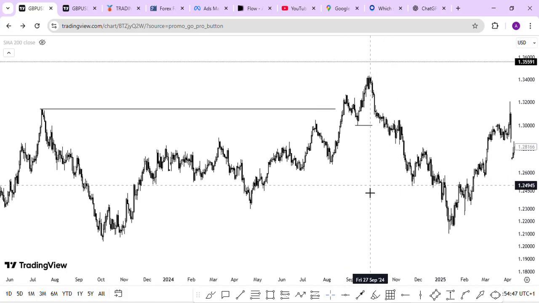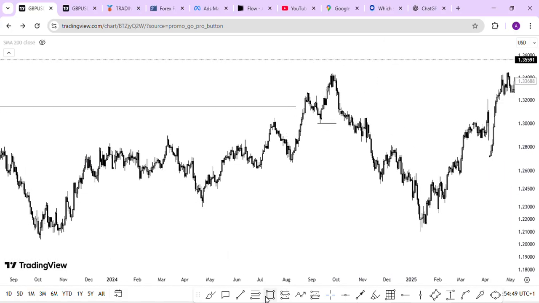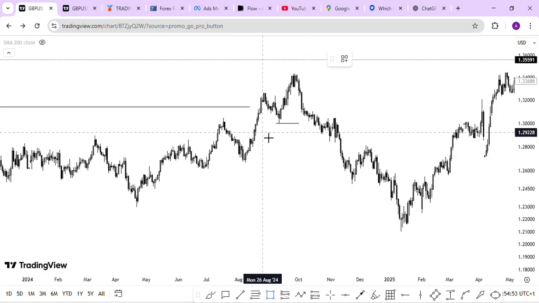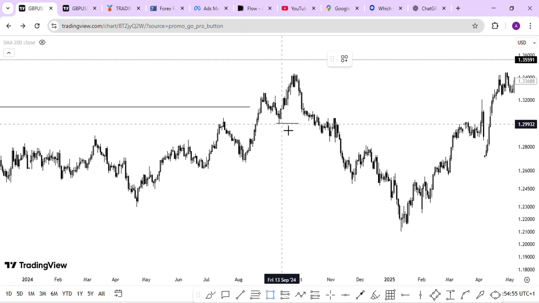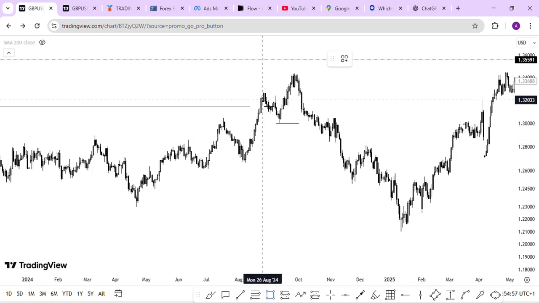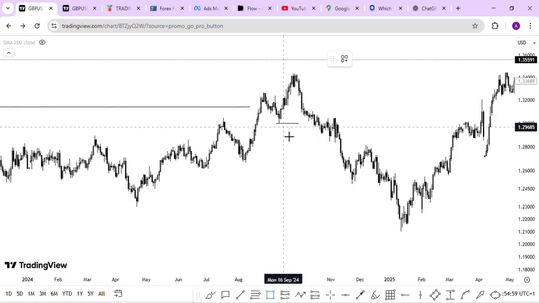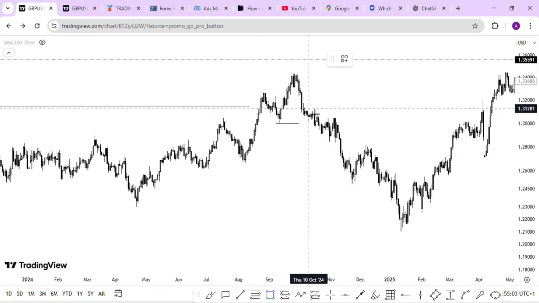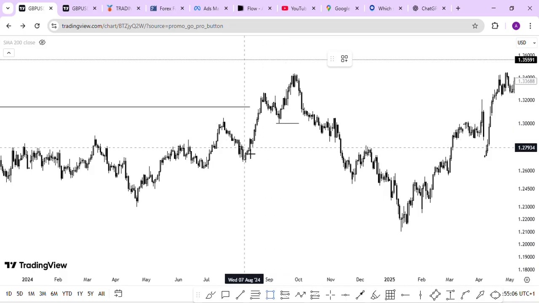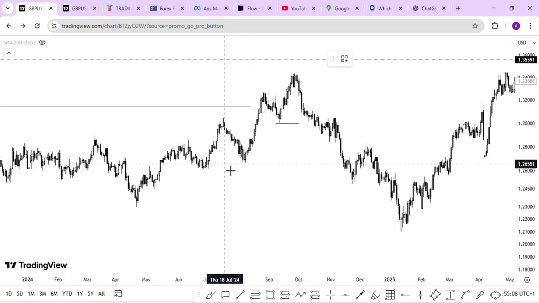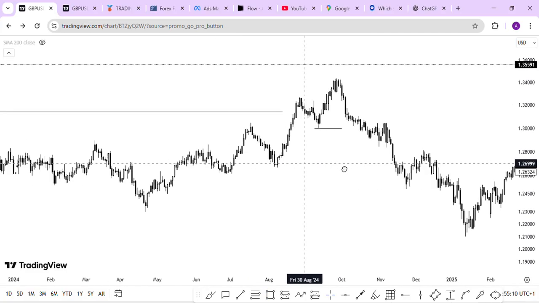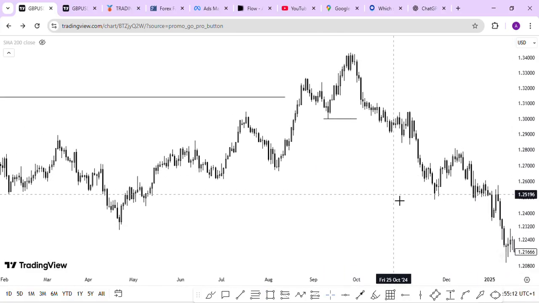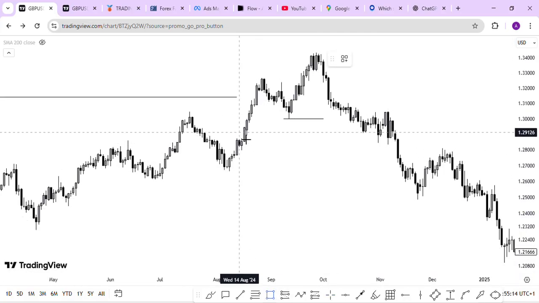If we are to mark our structure, the POI is the pullback before the market breaks the structure. If this level serves as our inducement, then our POI will be here. We need to look for our POI below this level.